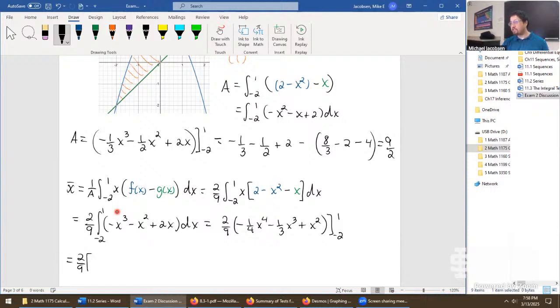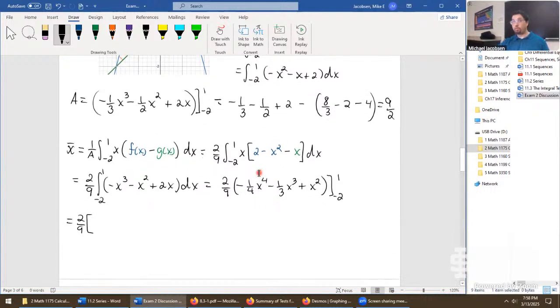So now it's 2/9. Plugging in a 1 is giving us -1/4 minus 1/3 plus 1. Now at -2, this is getting harder as we go. Let's see. That is going to be a +16 divided by a -4. Sounds like a -2. Now that's -8 divided by 3, so +8/3, plus 4.